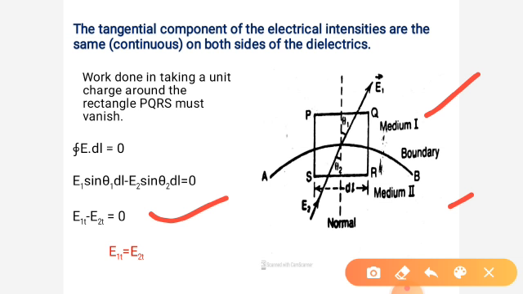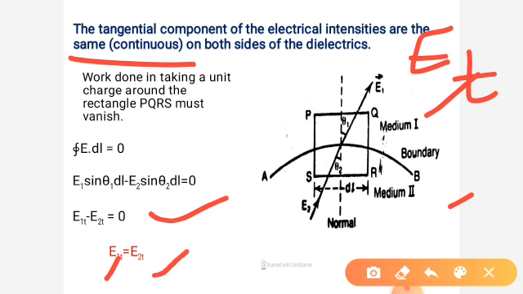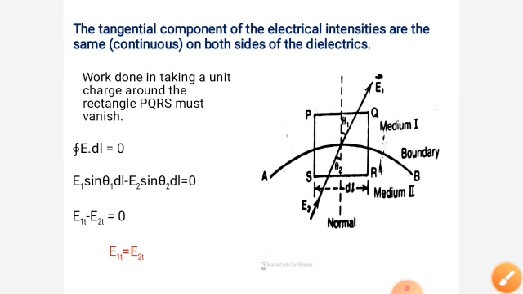So the tangential component of electric intensities, that is Et, are the same, 1t equal to 2t, on both sides of the dielectrics; it is continuous. This is all about the second boundary condition. Thank you.